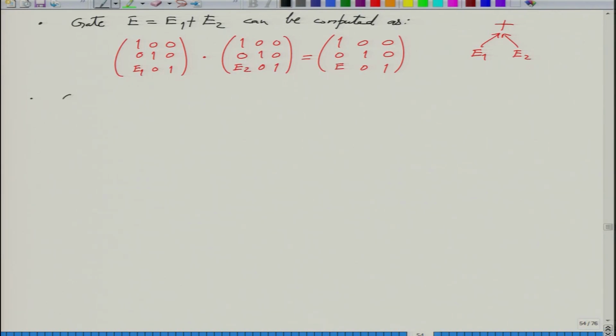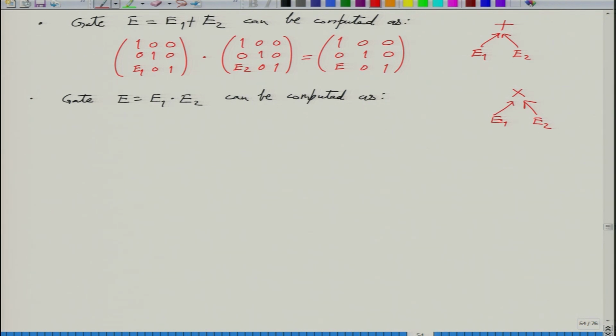And finally, product. That's even more complicated. So how do you compute E1 times E2 using such matrices? Again, E1, E2 is given to you as before, and you have already done the only thing you could have done, that is multiply.